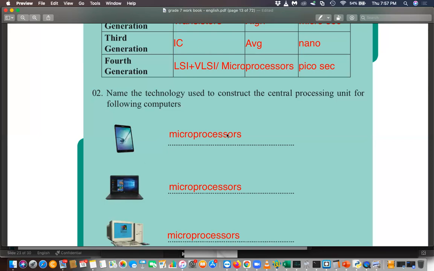So it's both VLSI and ULSI. You can say microprocessors and ULSI, ultra large scale integration. I agree with your answer, because it's using the modern generation 5 technologies. So microprocessor and ULSI, ultra large scale integration. Okay then.